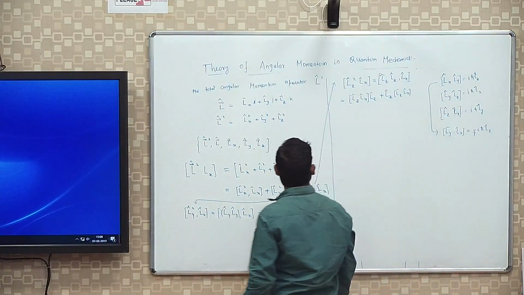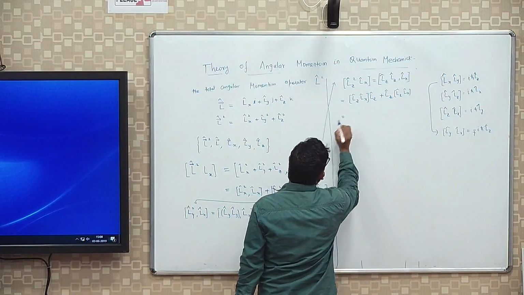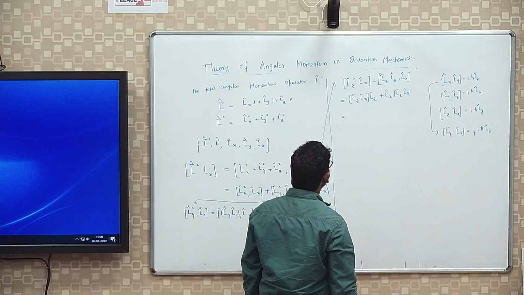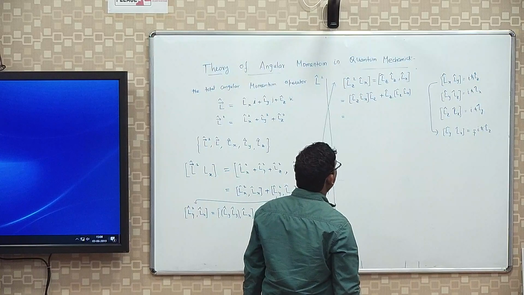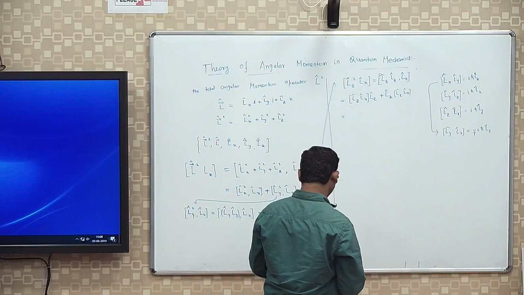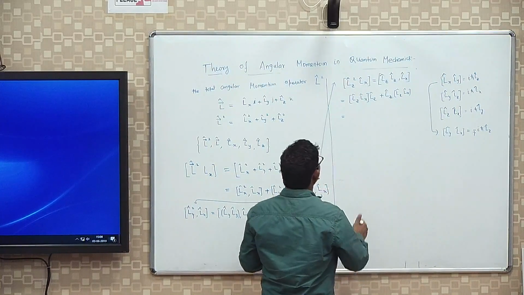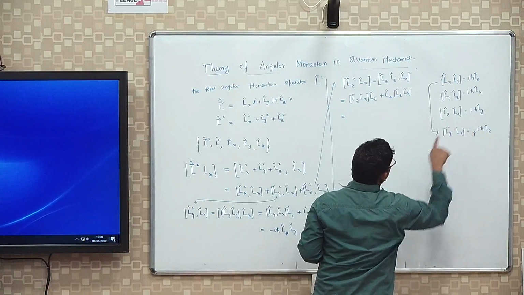Fine. Now if you look at this expression again, the order Lz Lx is fine. So this is in cyclic order.